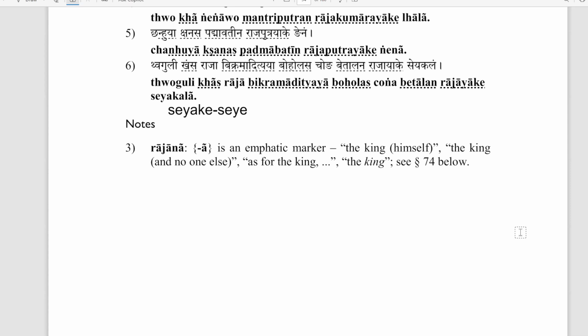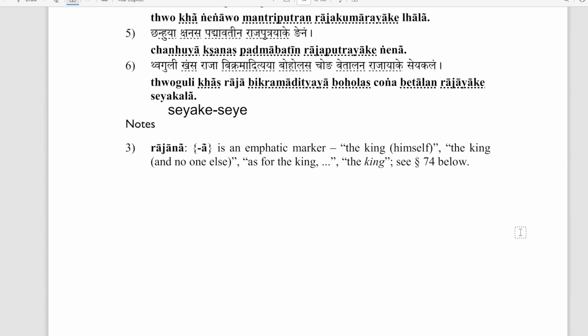So does that mean in this story, the demon on King Vikramaditya's shoulder let him know? Yes, and then we have something like he spoke something to the king. So normally we don't translate say again as let someone know or inform someone.